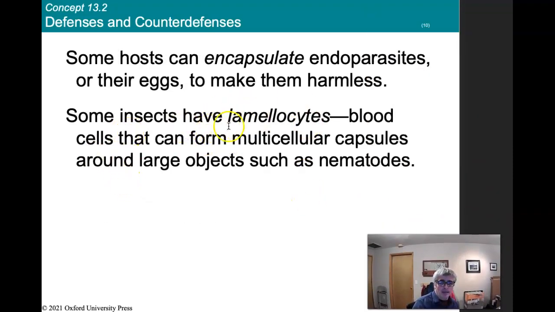Some insects have lamellocytes, blood cells that form multicellular capsules around large objects such as nematodes. Basically they've got specialized blood cells that can encapsulate the entire nematode and sequester it.